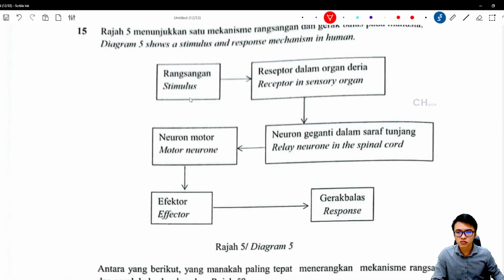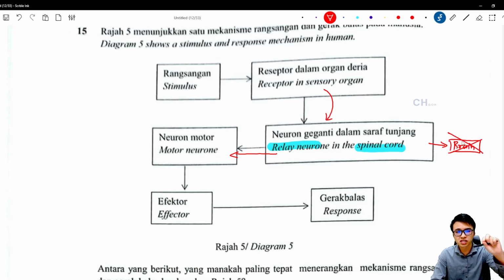Continue with diagram 5, which shows a stimulus and response mechanism in humans: stimulus, receptor, nerve, motor. There's one thing you need to take note of: the relay neuron in the spinal cord. You can see the nerve goes straight to the spinal cord and then to the neuron. It skips the brain.